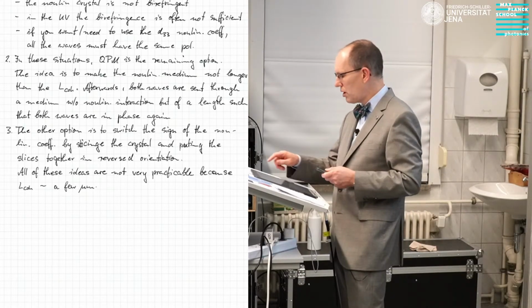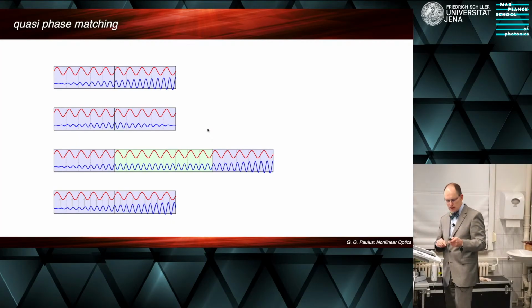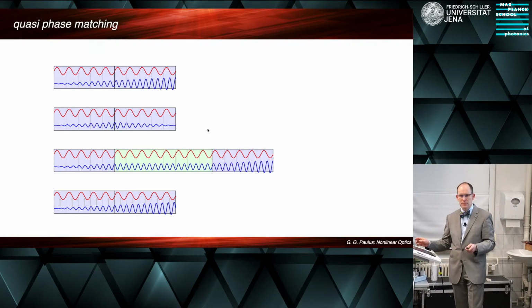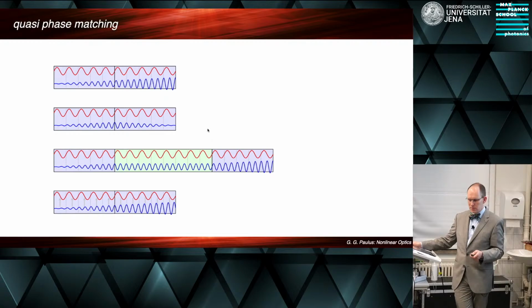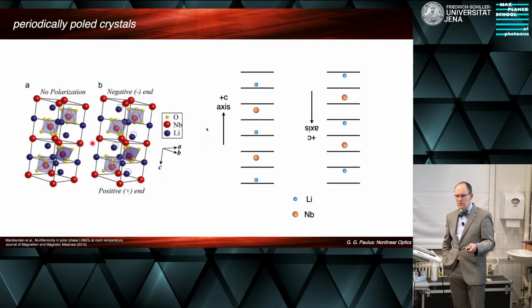And the most prominent example is lithium niobate. And lithium niobate, you see here the crystal structure. Lithium niobate is a ferroelectric material.